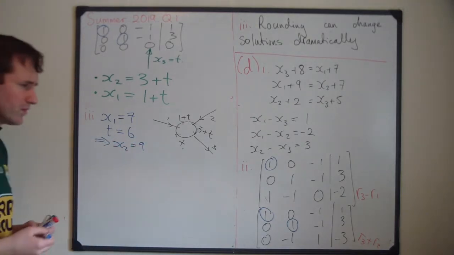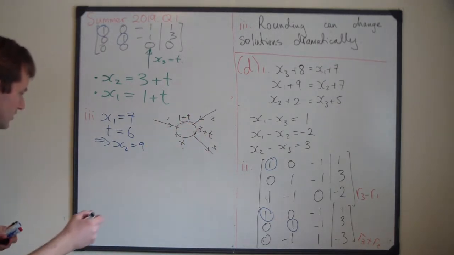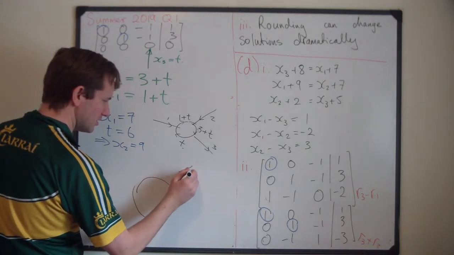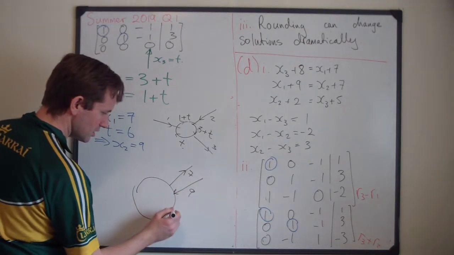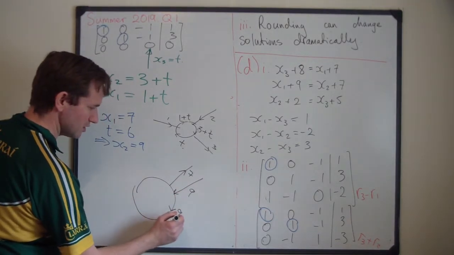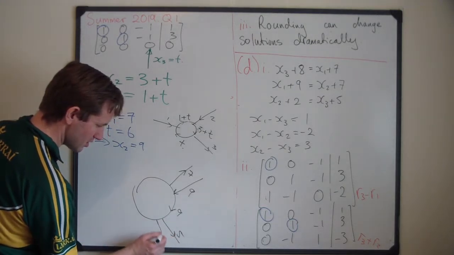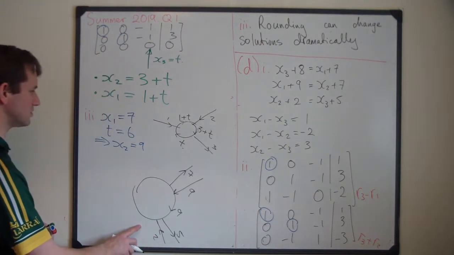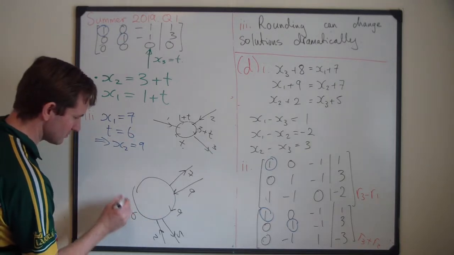Right, now we'll have to draw this picture again. I don't think there's any other way of explaining this. So we get 7 coming out here, 9 coming in here, then X2, which would be 9. This actually looks okay. 5 going out here, 2 going in here, and X3, which is T, is equal to 6.